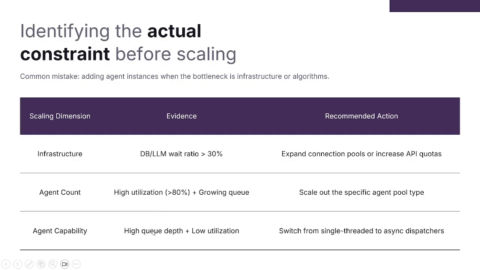So you discovered from the metric that high queue depth plus low utilization is what is causing the problem with the capacity of the agent. The recommended action is that you switch from single threaded to async dispatch, or to event driven. So you can see why it is important to observe the system and to know what needs to be scaled.